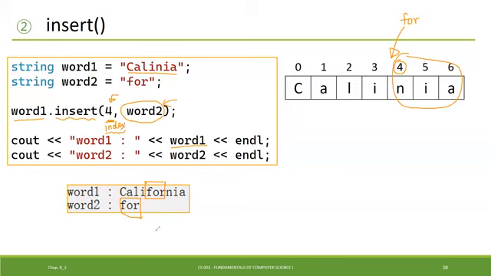Any question? It is pretty simple, but you should know how to use it: how much data to provide and what the data is. This should be the index information, and this should be the data to be inserted.